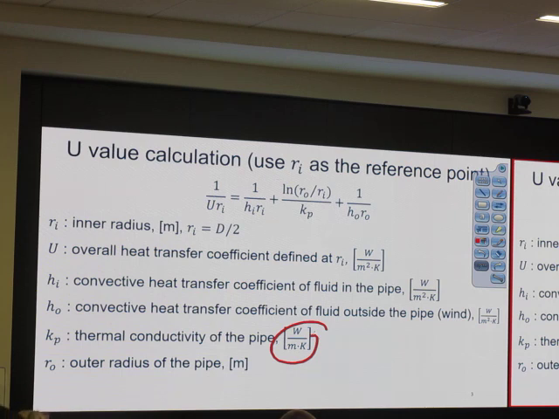The equivalent in the field unit is BTU per hour, or maybe BTU per second. The equivalent unit for meter in the field is feet. For Kelvin it is Rankine.